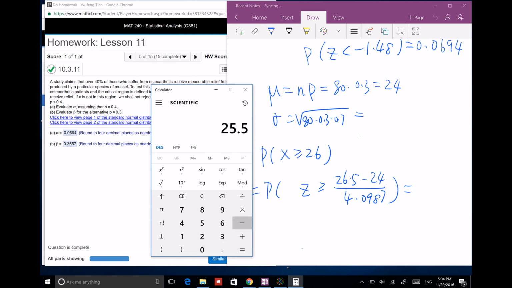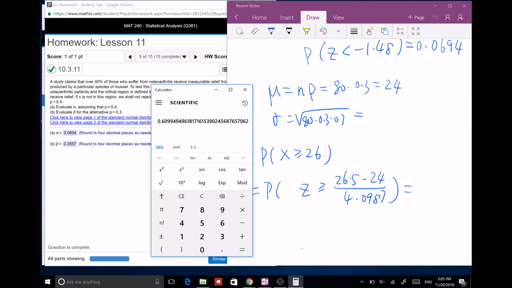The other one is 24.5 minus 24 divided by 4.0987 equals, it should not be 26.5 minus... No, wait. 22.5 divided by 4.0987 equals 0.6099.